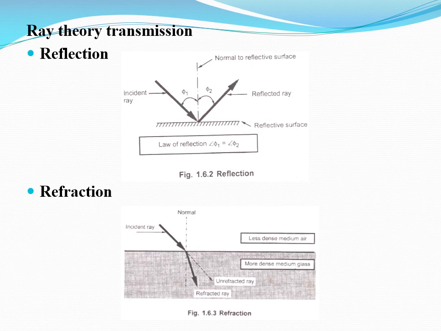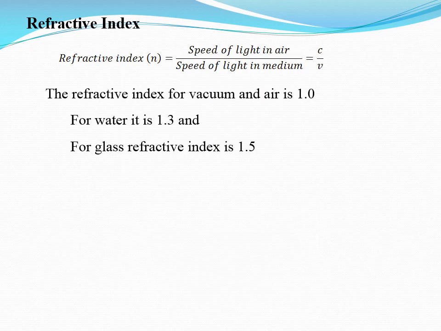Whatever the angle incident on this, the ray gets refracted into the medium. So this is the refracted ray and this is the unrefracted ray. So this is about reflection and refraction.